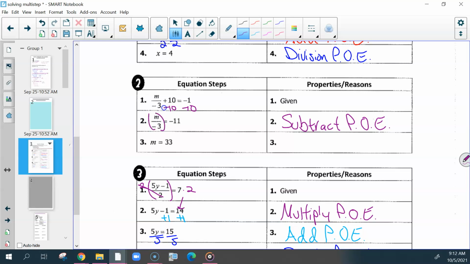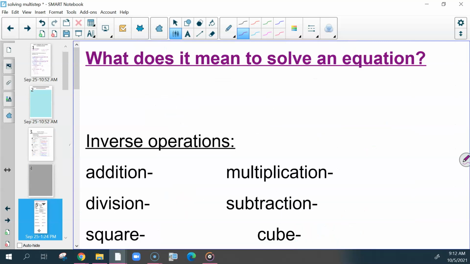They multiplied the -3 on both sides. So subtract and then multiply should have been your answers there. Any questions on that? Move on to the next page.